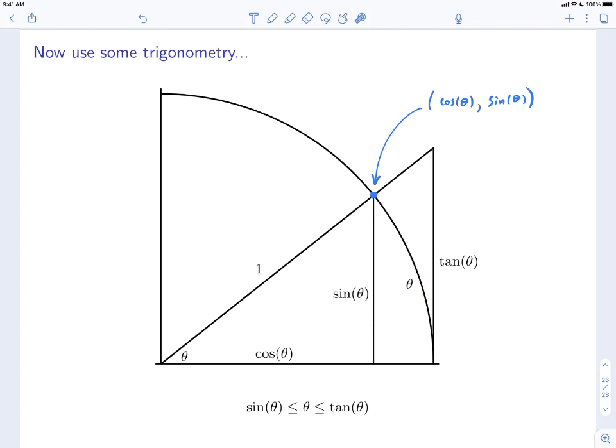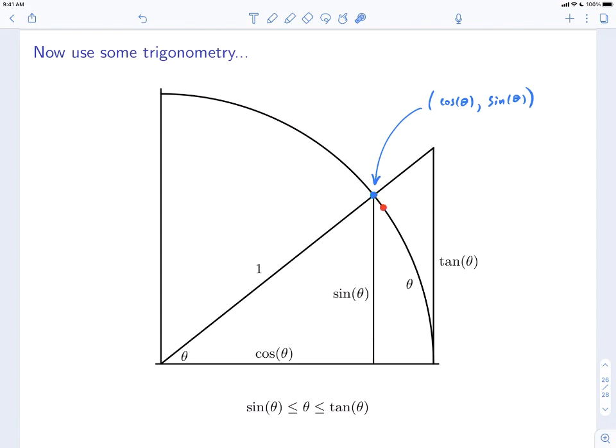So now we can easily see that sine of theta is less than or equal to theta, which is less than or equal to tangent theta, because sine of theta is the length of this leg of the right triangle. But it is less in length than this circular arc. The arc must be longer because the shortest distance between this point and the x-axis is a perpendicular, which has length sine theta.